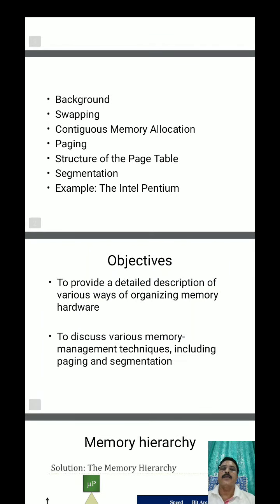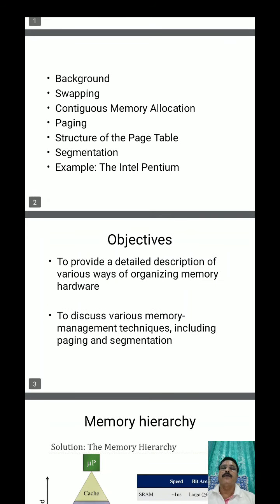Swapping is a mechanism which deals with exchange of bulk of information between memories. Contiguous memory allocation deals with allocation of a sufficient size of memory block to the process.